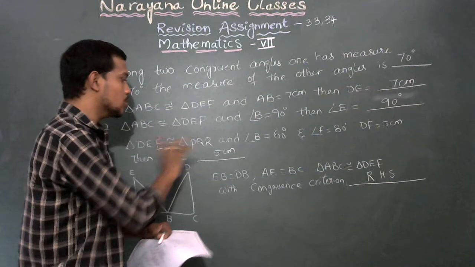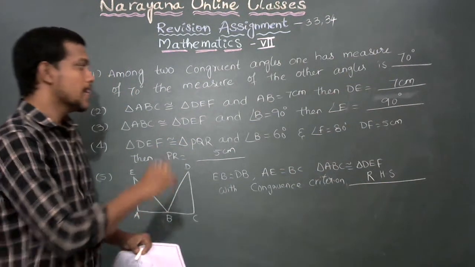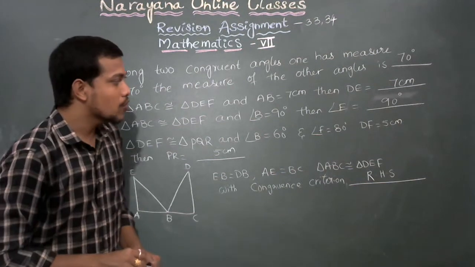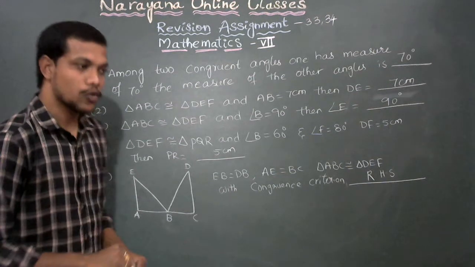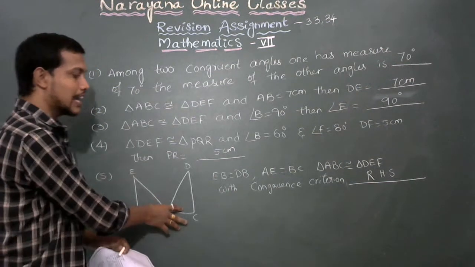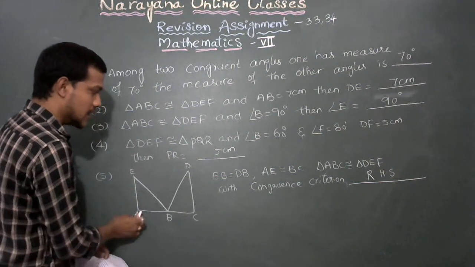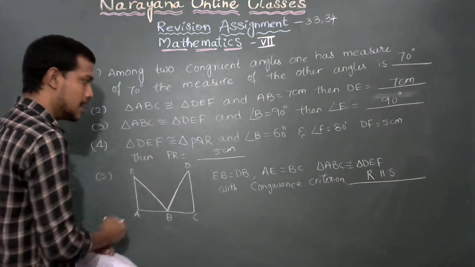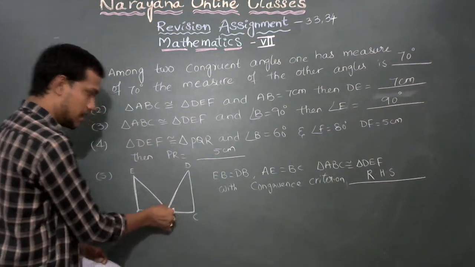DEF is similar to triangle PQR and B is equal to 60 and F is equal to 80 and DF is equal to 5 centimeters. Then PR is also 5 centimeters only. So fifth one. Here in the given diagram, EB value is equal to DB, EA value is equal to BC.